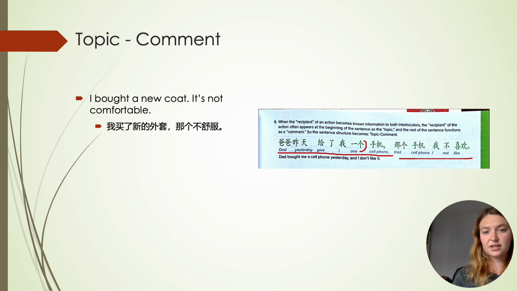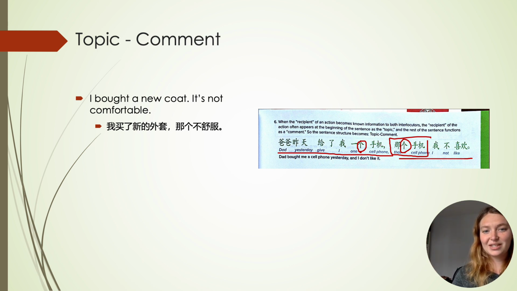Here's that 个, here's that measure word. 一个手机. 那个手机我不喜欢. So, that cell phone I don't like. In some cases, you could even omit this part and just say 爸爸昨天给了我一个手机. Yesterday, Dad gave me a phone. Don't like it.